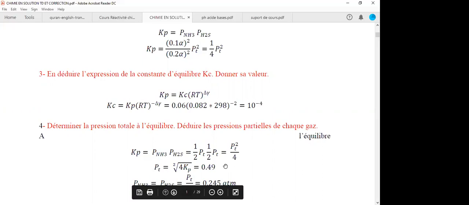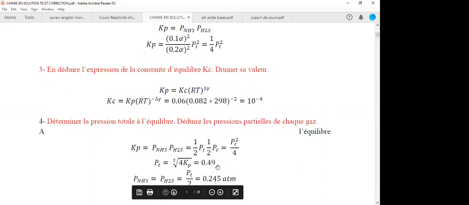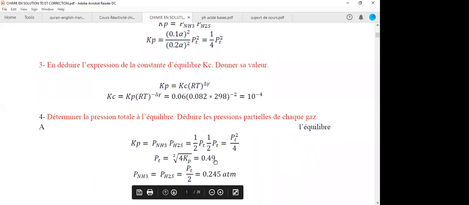When you cross multiply, you have total pressure squared is equal to 4 times Kp. Meaning if you introduce square root on both sides, you're going to have total pressure is equal to the square root of 4 times 0.06. We're going to have 0.49. So this is the value for the total pressure.